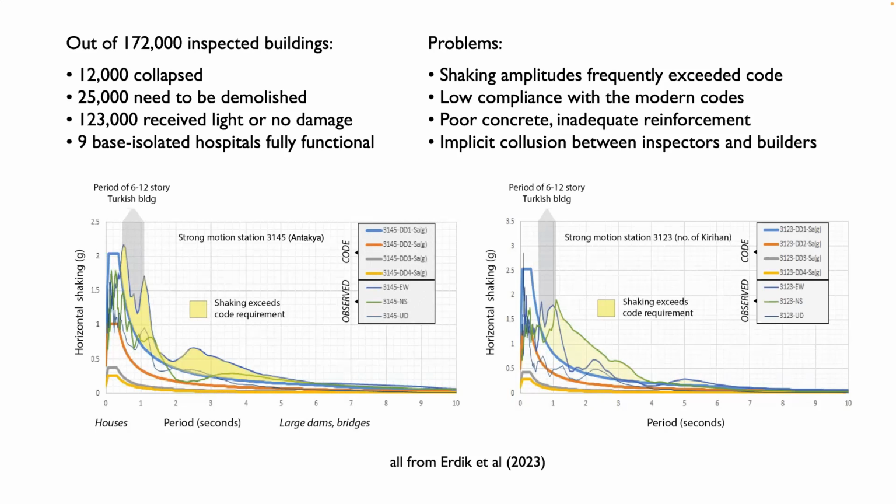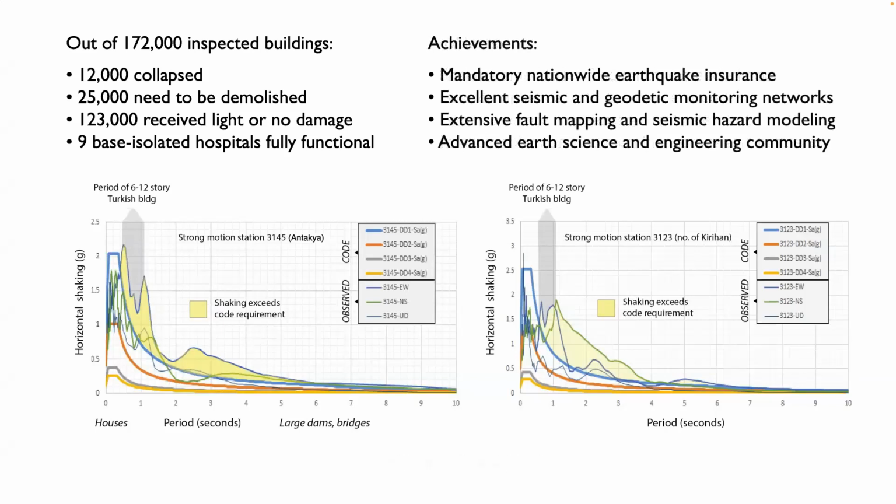So it's in these gray areas where the shaking, if it exceeded the code, really spelled trouble. Now, I want to say something else that's equally important, which is that in addition to these failures, there are also great achievements in Turkey. Turkey has a mandatory nationwide residential earthquake insurance program. I'm in California, we don't. So only about 15% of the people in California have earthquake insurance.